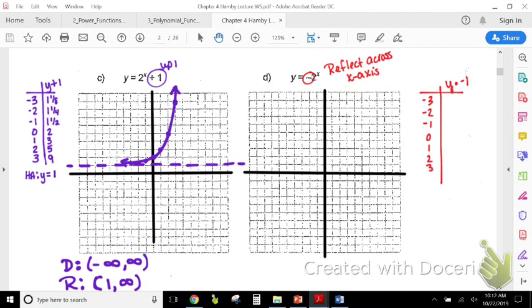And multiply your y's by negative 1. And what about your horizontal asymptote? You're going to multiply it by negative 1, but what is 0 times negative 1? 0. And then graph those.